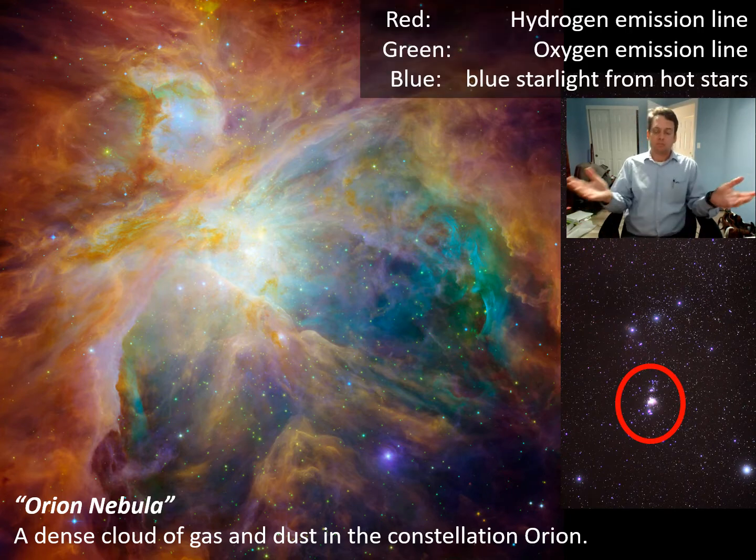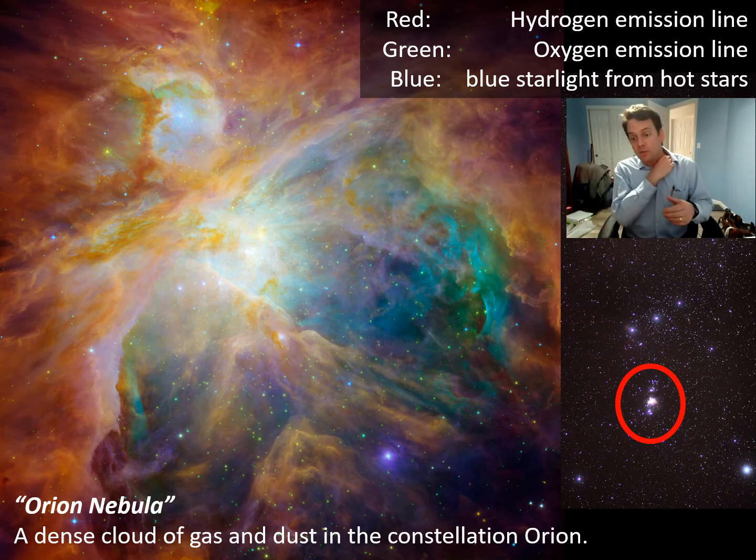Now these colors are not false colors, though if you just looked through a telescope in your backyard, you would probably not be able to make them out. But as we have seen throughout the course, you can tell a lot about what's in a star, or in this case, what's in a nebula, what's in the gas of interstellar space, by looking at the colors of light that you get.